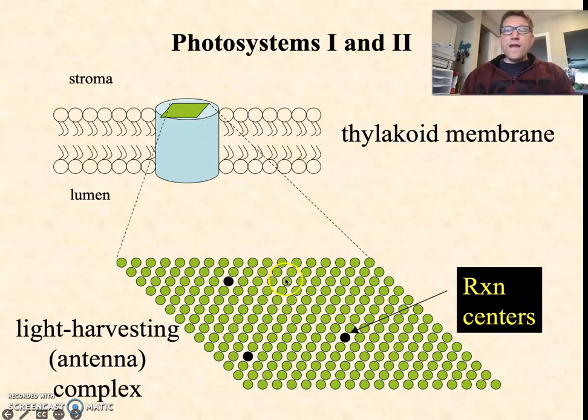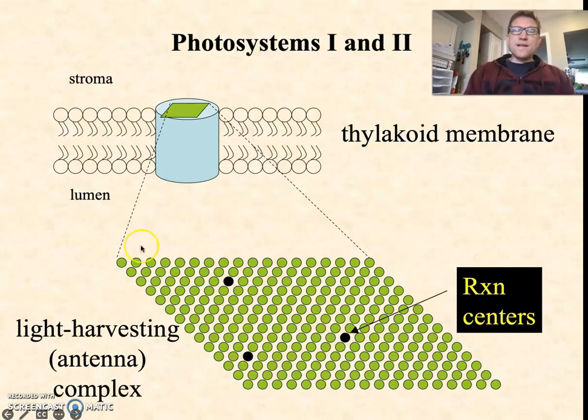And when a photon of light hits the head of one of these pigments, the energy is captured momentarily and then passed on to an adjacent pigment, and that's passed to another one that it's in contact with, and another, and it zigzags all around, transferring this energy until, through random movement, that energy packet hits a specialized pigment in what's called a reaction center. We're going to focus on these reaction centers.